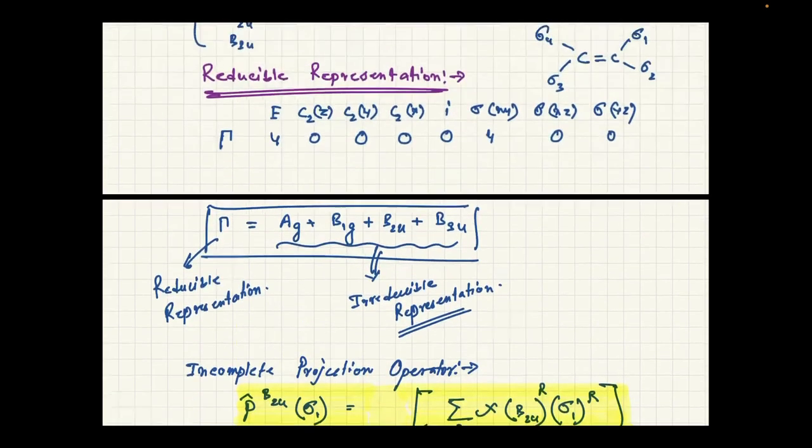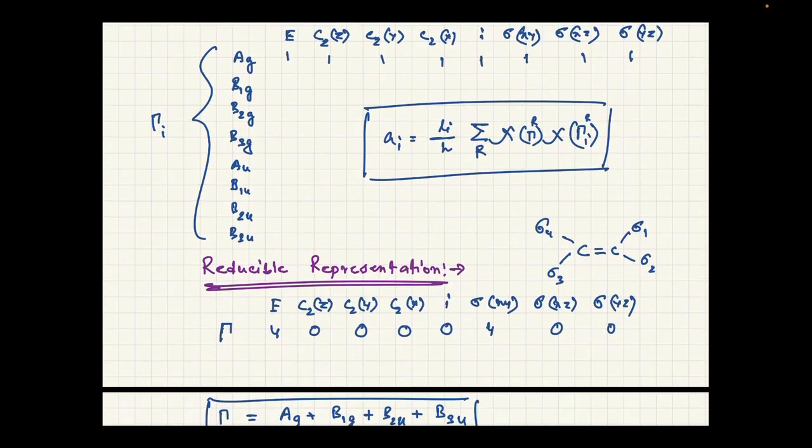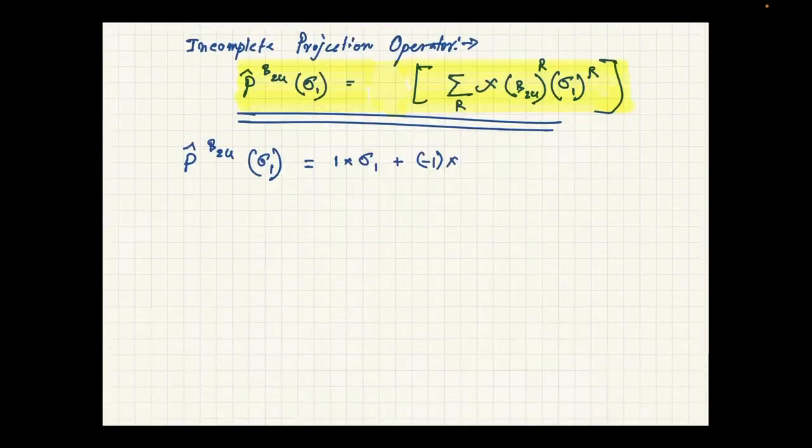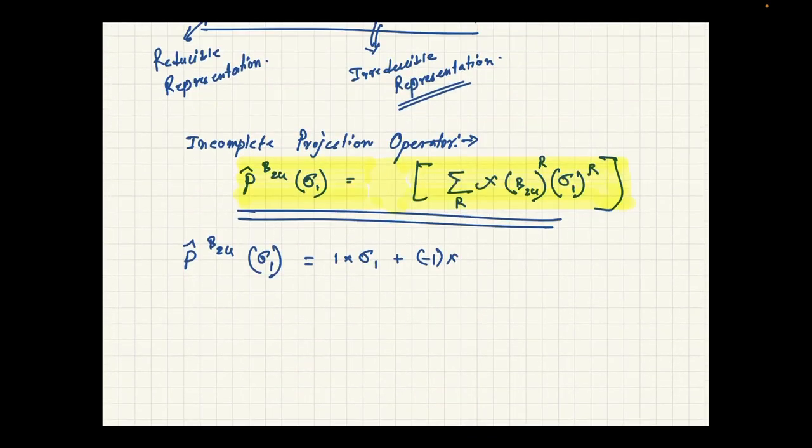So what it will do: this is sigma 1 and C2Z is the 180-degree rotation around the Z axis, which is above the plane. So sigma 1 will go from here to here; sigma 1 will transform to sigma 3, right? So under the C2Z symmetry operation, sigma 1 will transform to sigma 3.